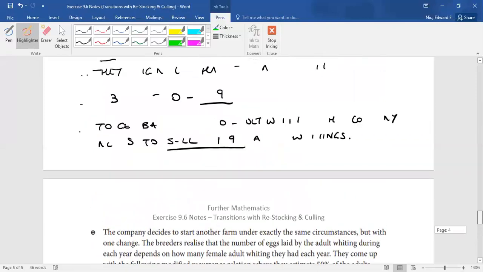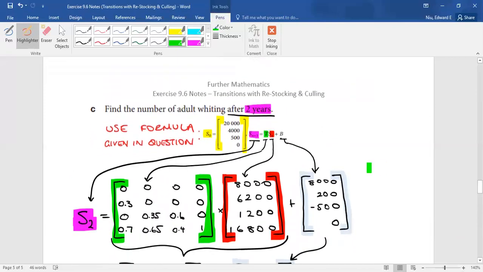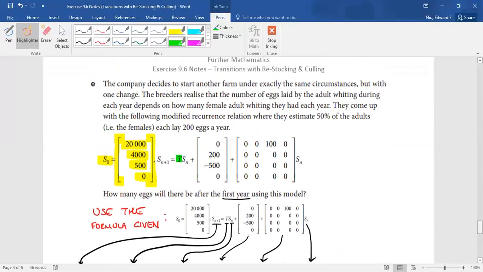If we take a look above, previously they used to buy 8,000 eggs. They no longer do that anymore. They just buy the 200 baby whitings, and they sell off the adults still to the restaurants.